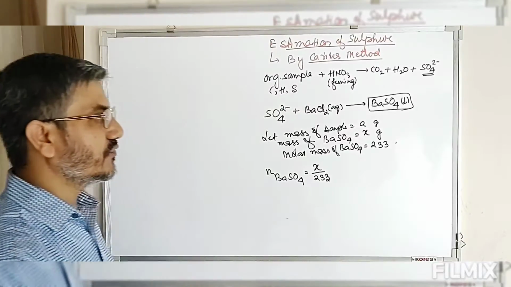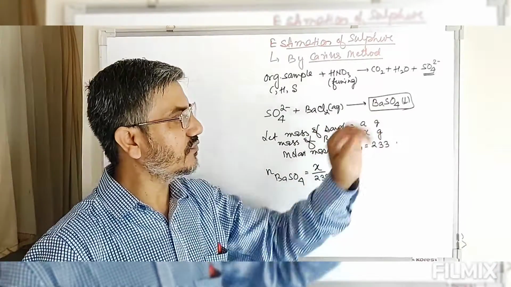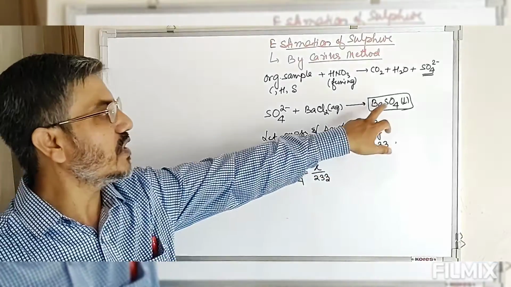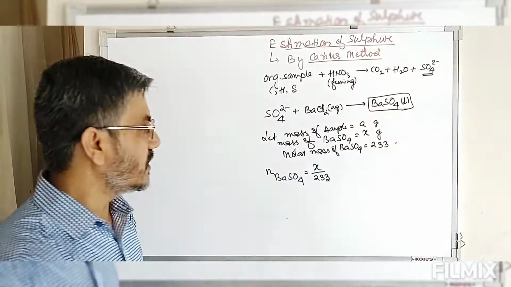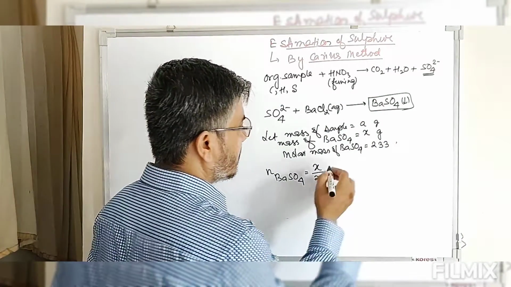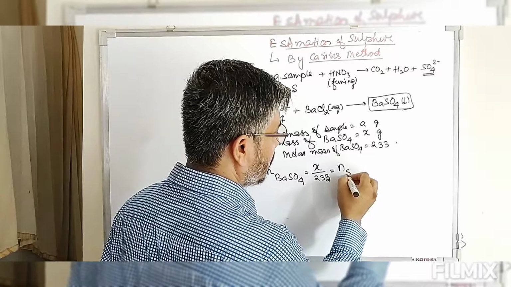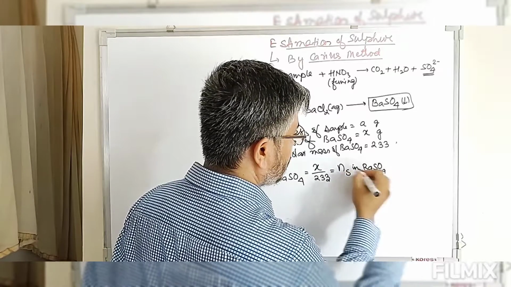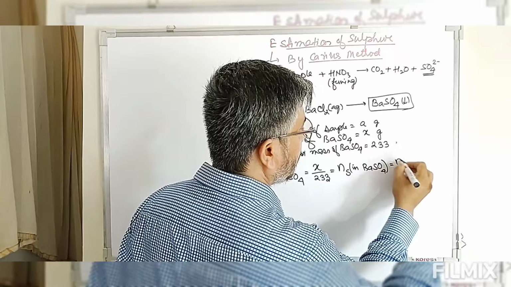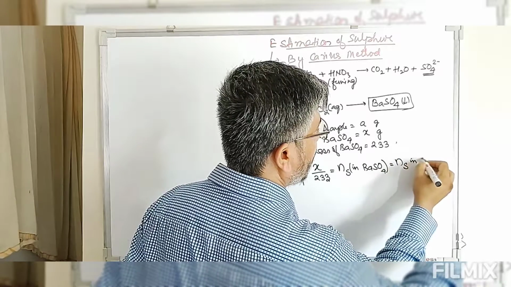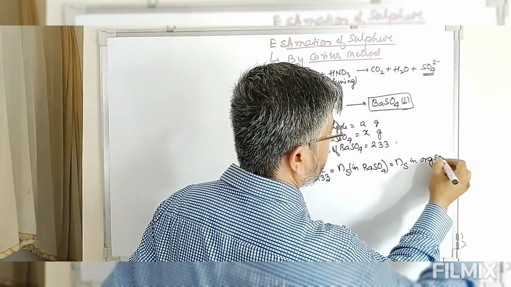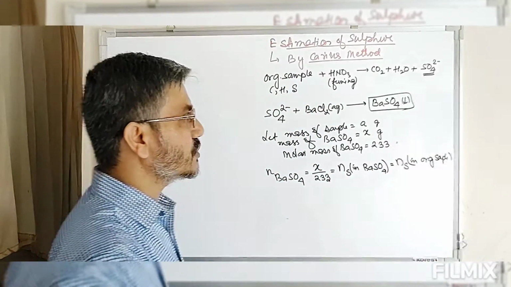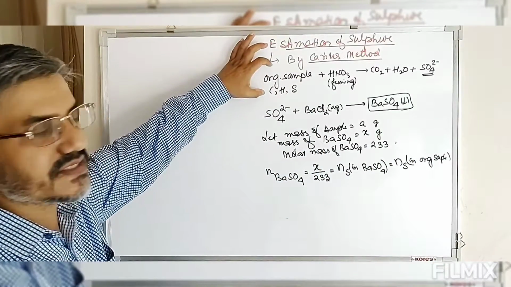Now if you look at the molecular formula of barium sulfate, one formula unit of barium sulfate contains one sulfur. So the number of moles of barium sulfate is equal to the number of moles of sulfur in barium sulfate. So this is equal to the number of moles of sulfur in the organic sample, because all the sulfur present in barium sulfate is exclusively coming from the organic sample.